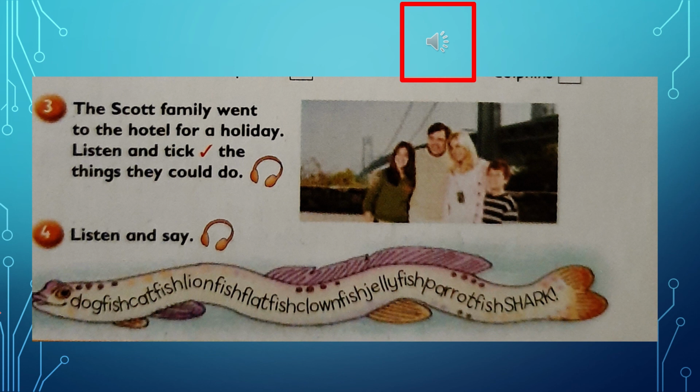Let us listen and say. This is a little bit of a tongue twister. So, listen carefully and then repeat it for yourself. We have dogfish, catfish, lionfish, flatfish, clownfish, jellyfish, parrotfish, shark.